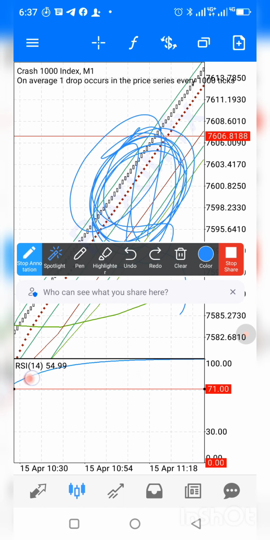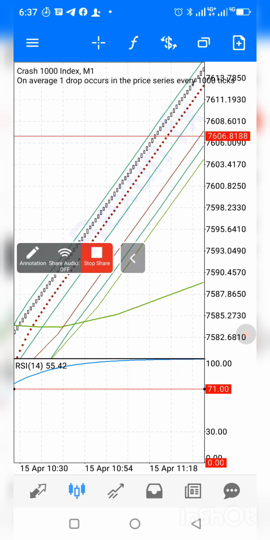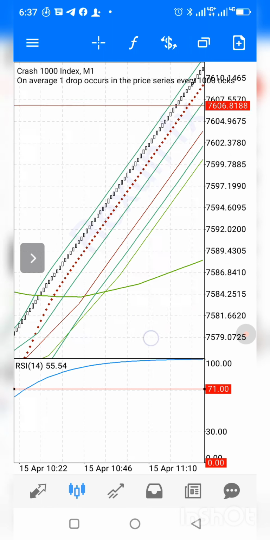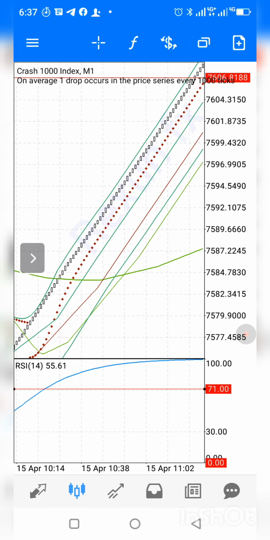You can see RSI even got to the overbought region, and it kept going, it kept going, till it got to 99.98.